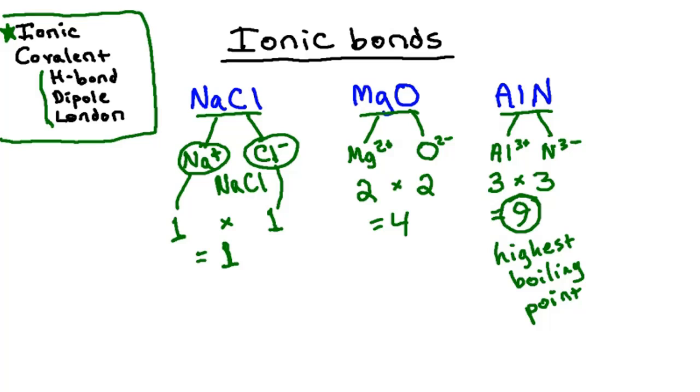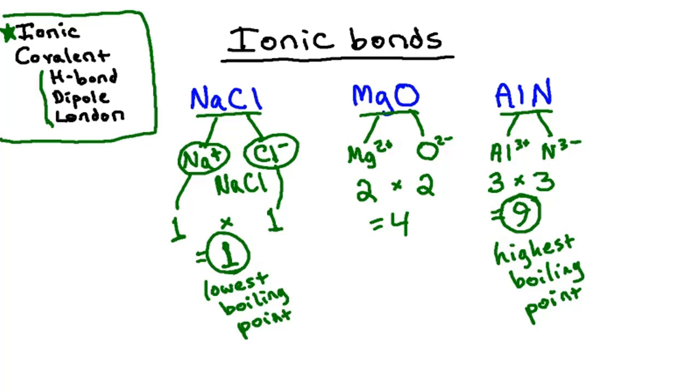And so this number 1 over here, the sodium chloride, is going to have the lowest boiling point in comparison to these 3 molecules made from an ionic bond. This is going to have the lowest boiling point because the charges multiplied together is only 1, so it's going to be weaker.